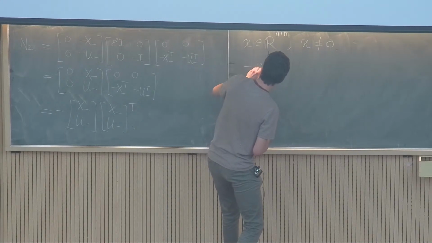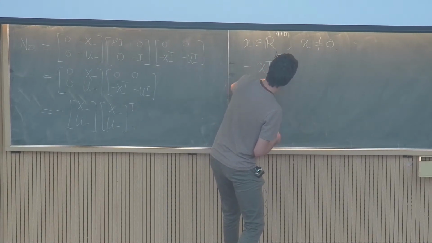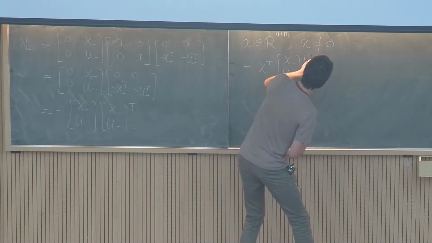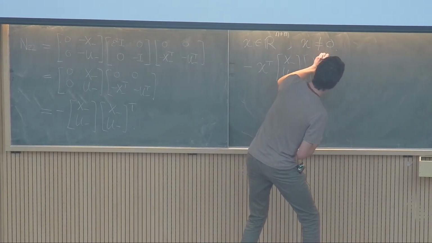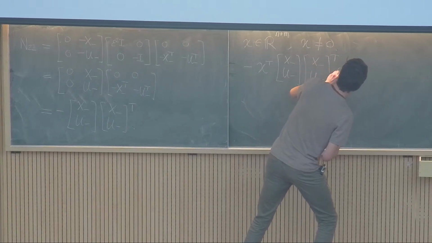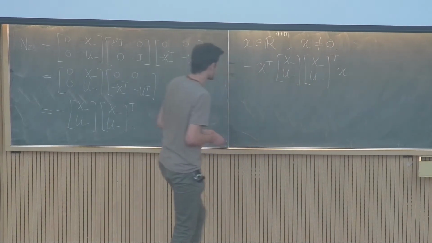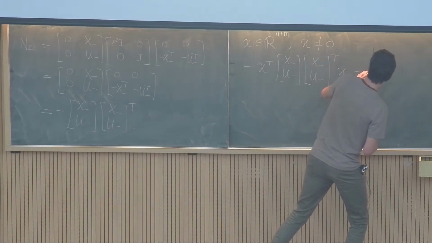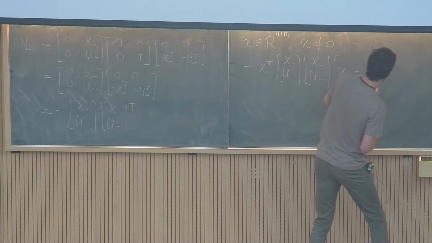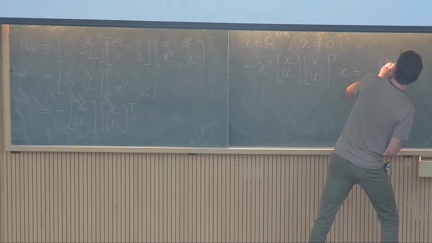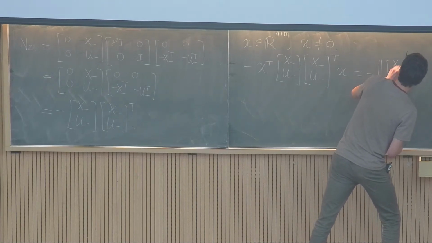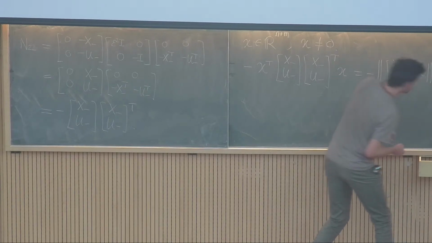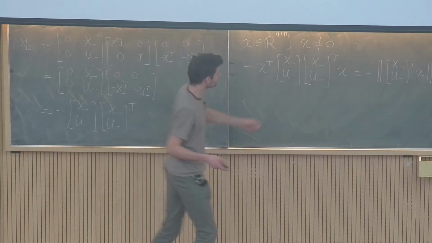I get minus x transpose times [x minus, u minus] times [x minus, u minus] transpose times x. But this is minus the norm of [x minus, u minus] transpose times x, squared.